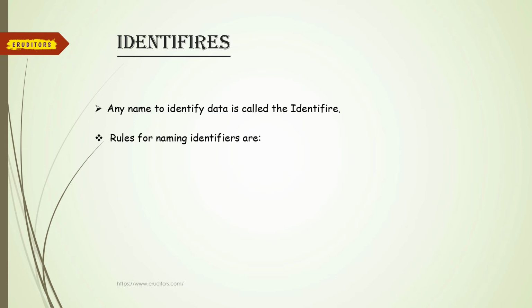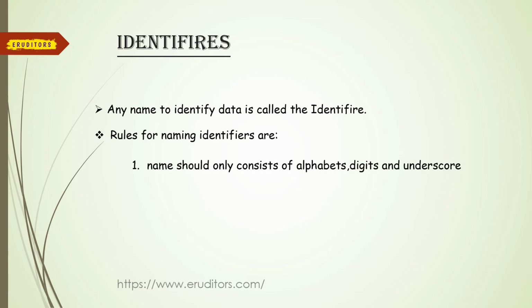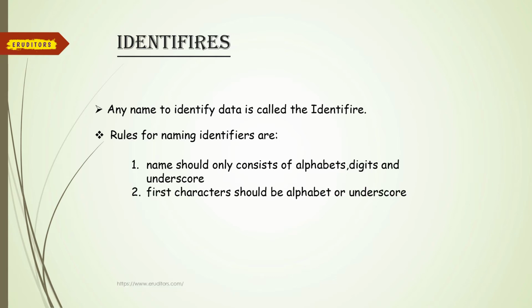You should remember them. The first one is the name should only consist of alphabets, both in upper and lower case, digits and underscore sign. Another one is the first character should be an alphabet or underscore sign, not a digit. Remember it.